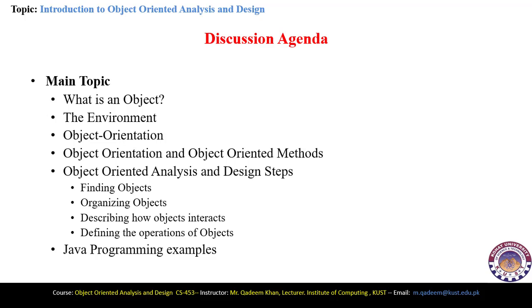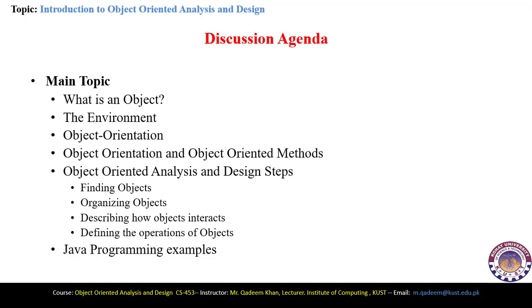Then we have the object-oriented analysis and design steps. These are very much important steps in which the students will learn how they will perform the analysis and the designing of the object-oriented systems. Here we will discuss the sub-steps including finding objects, organizing the objects, describing how objects interact with each other, defining the operations of the objects.